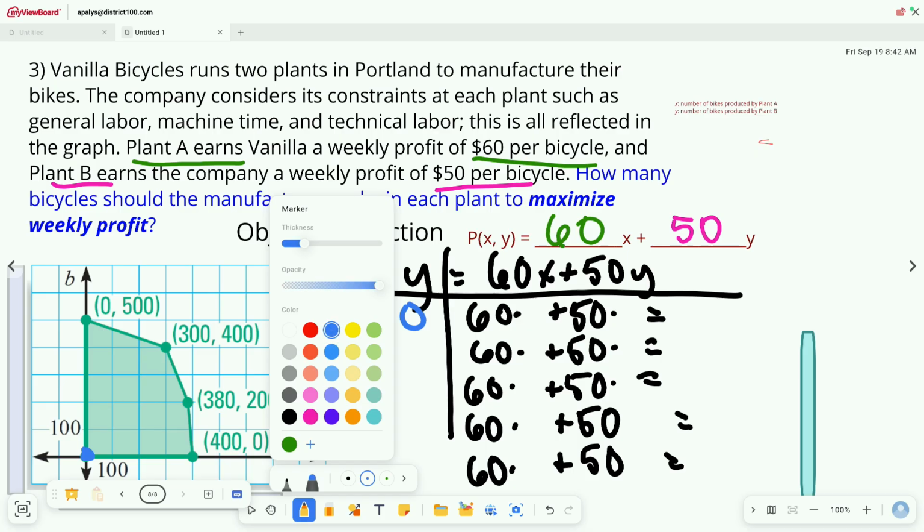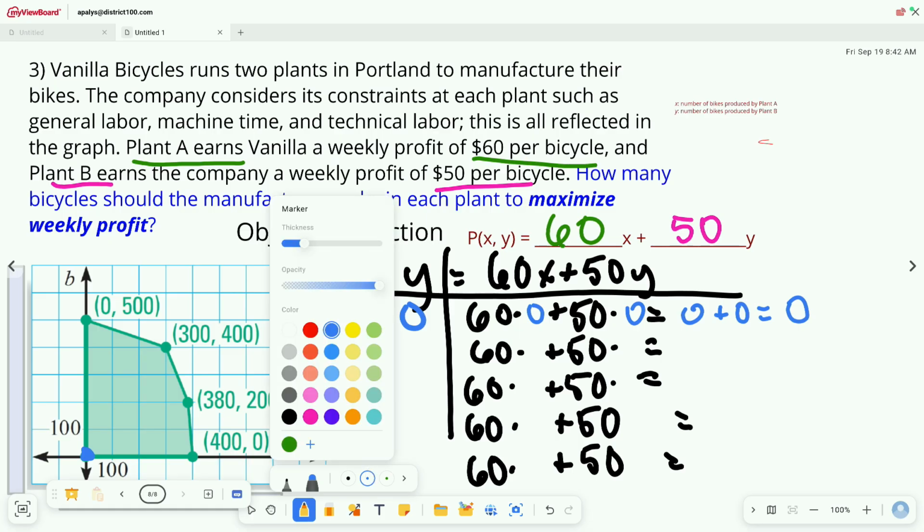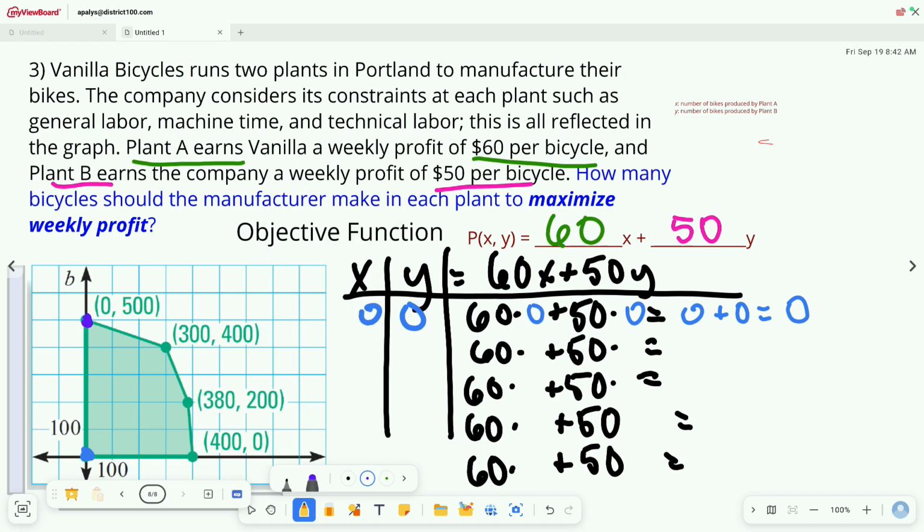Okay, so for my 0, 0, it's going to be 60 times 0 plus 50 times 0, which is 0 plus 0. You're not making any money. That's not what we want. Okay, so 0, 500.